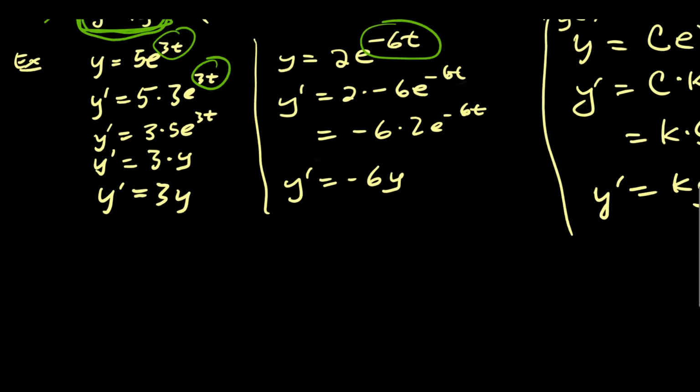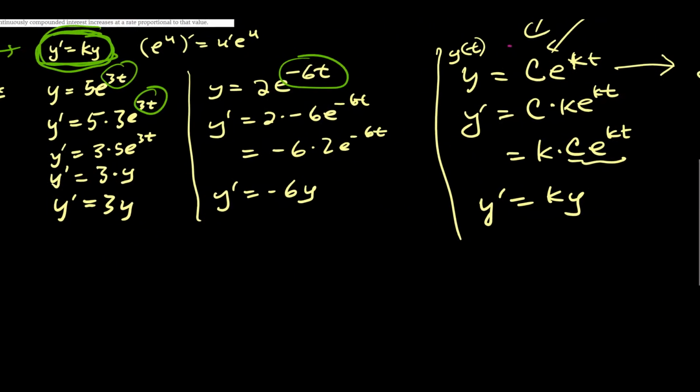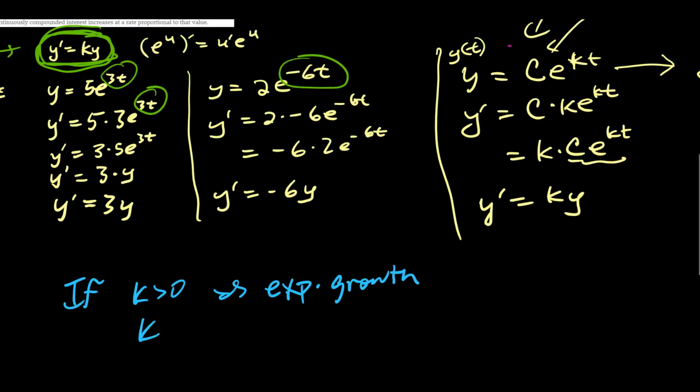So if the k, remember we called that k in what we did over there in general. If k is greater than 0, this is called exponential growth. And if k is less than 0, this is called exponential decay.